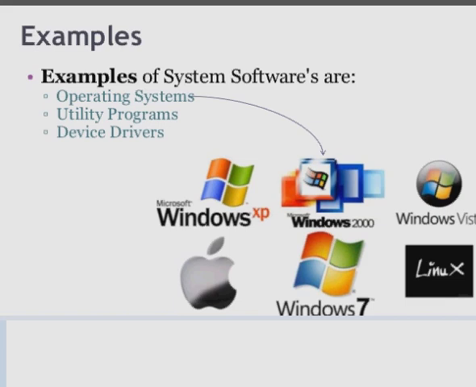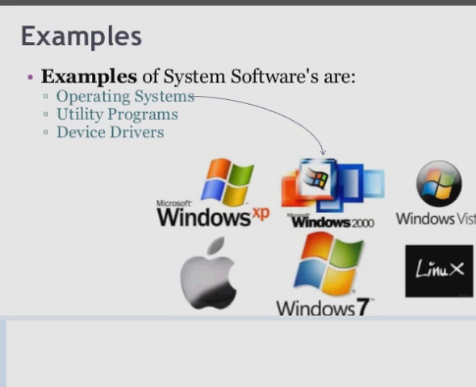Some examples of system software are operating systems, and operating systems are Windows XP, Windows 2000, Windows Vista, Windows 7, and one is Macintosh, that is a product of Apple company, and one more operating system available is Linux. There are many more operating systems available in the world.